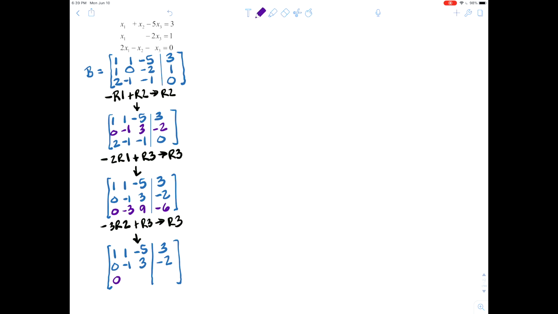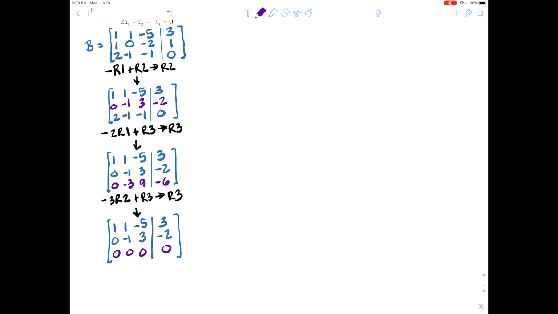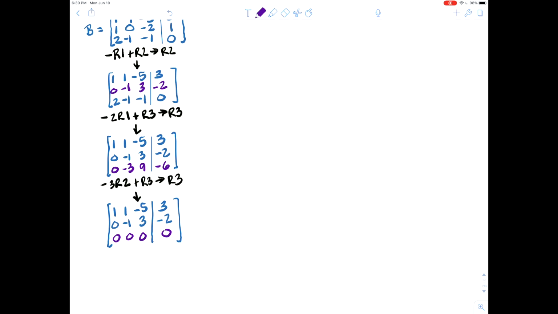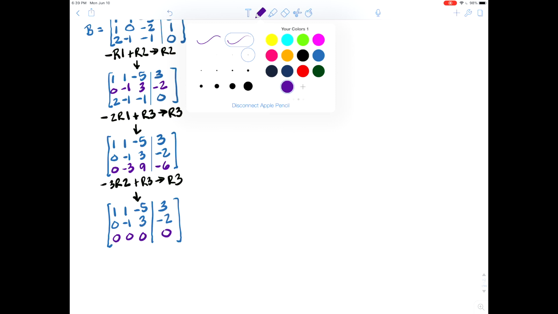So if I multiply -1 by -3, I get +3. Add -3, I get 0, like our plan was. Now, -3 times +3 is -9, and -9 plus 9 is 0. And then -3 times -2 is +6. 6 plus -6 is 0. So I ended up getting a row of zeros. Well, what does that mean? That means that this is a dependent system.